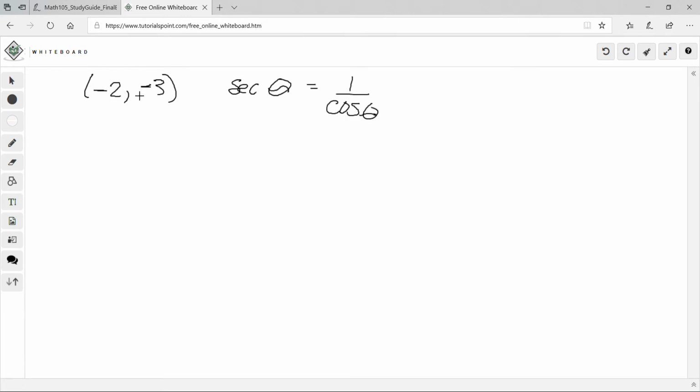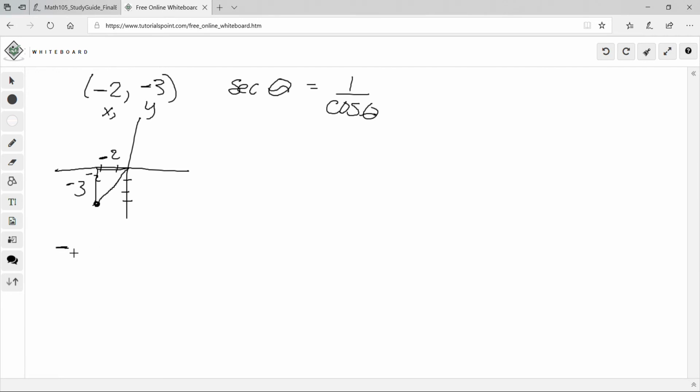So let's draw the triangle for this point. -2, -3 is in quadrant 3. So it's going to look something like this. Now remember, that -2 is our x value, and that -3 is our y value. So it's going to be -2 here and -3. And then you have to find the hypotenuse. So you can do a squared plus b squared equals c squared.